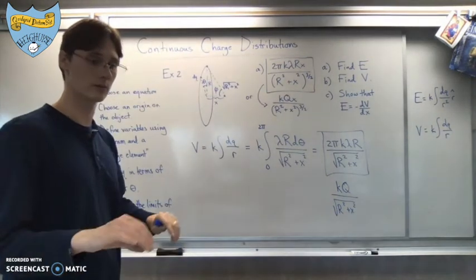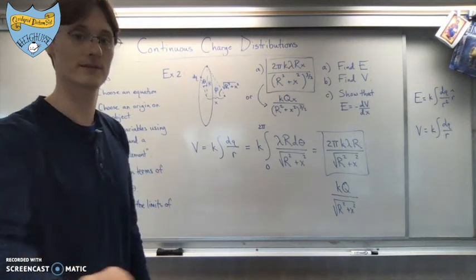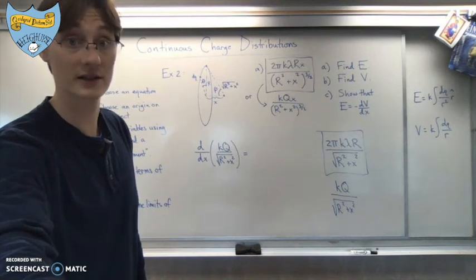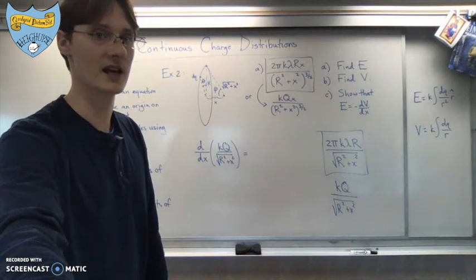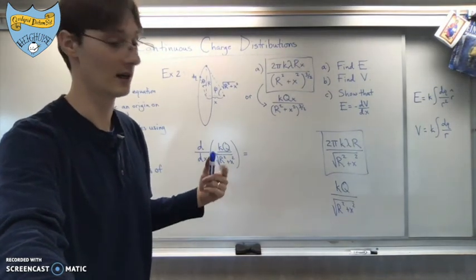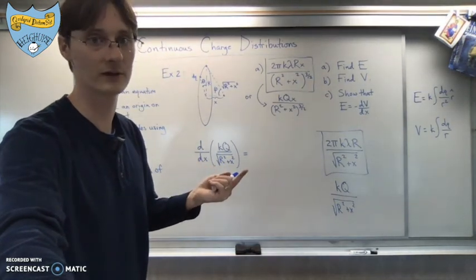So go ahead and try it, and then follow the various steps. Actually, interrupting myself, it's not necessarily going to be quotient rule. You could say that this is r squared plus x squared to the negative 1/2 power, and then treat it like a power function. But remember that there will be chain rule involved.